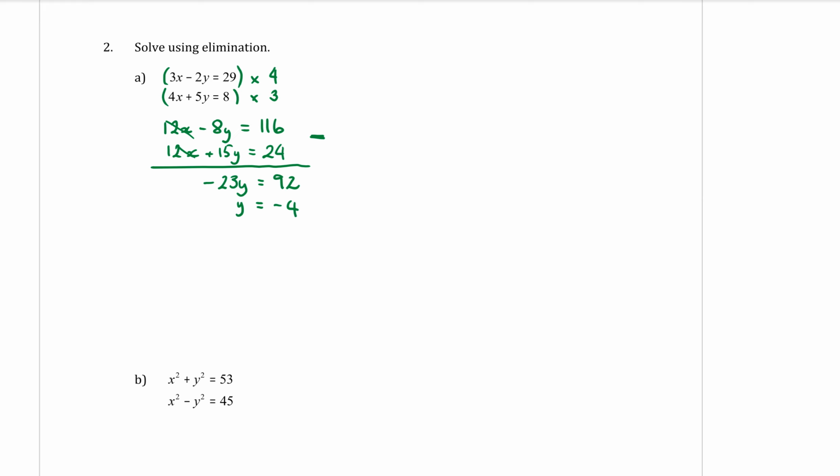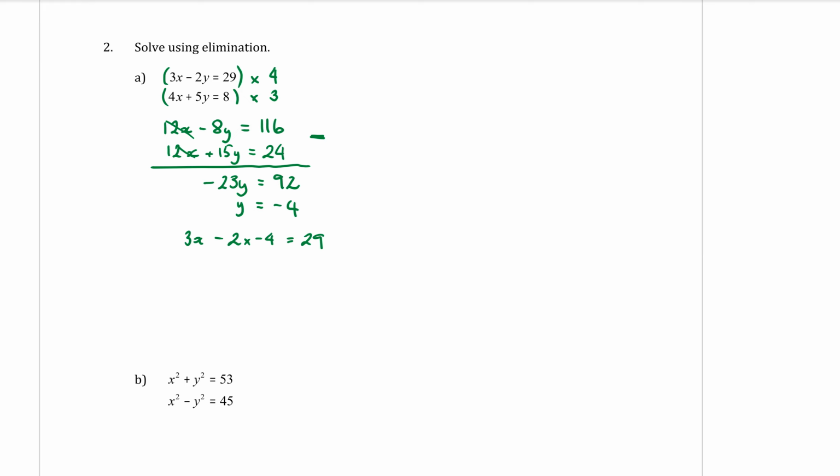Once you have got one of your pronumerals, we have to sub back in. So there is still a substitution in here. We have to sub back into one of our equations to find the x. What equation? I didn't actually label any of them. Top one or bottom one? Top, all right. So 3x minus 2y, but y is minus 4, so minus 2 times minus 4 equals 29.